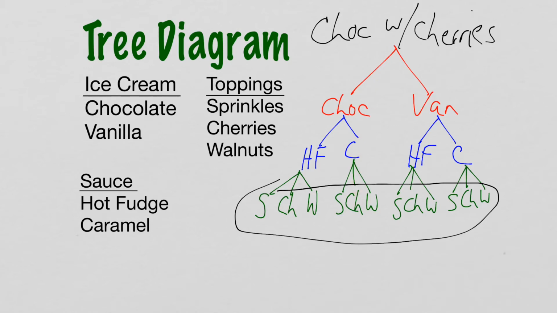So the answer is there are 2 out of 12 possible combinations, which simplifies to 1/6. So choosing chocolate with cherries, my probability is 1/6. Okay, that's a tree diagram. And again, you should hopefully notice it looks like a tree when it's all said and done, at least that kind of Christmas tree type shape.